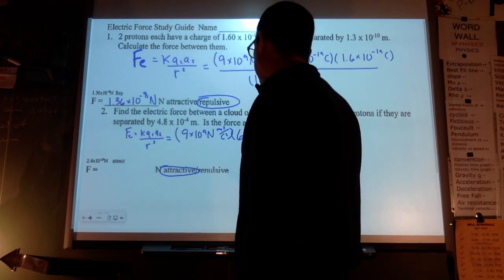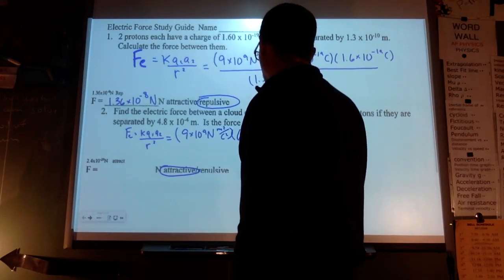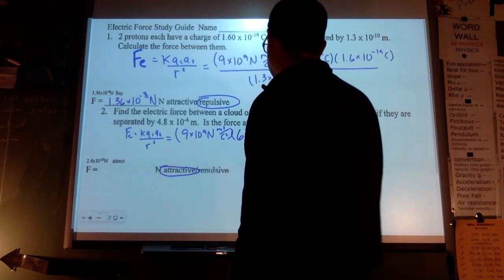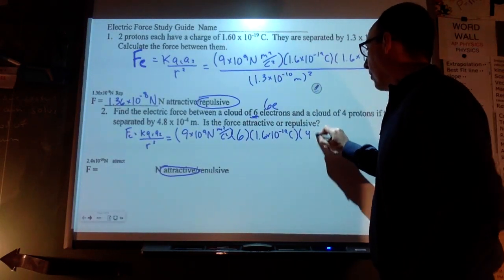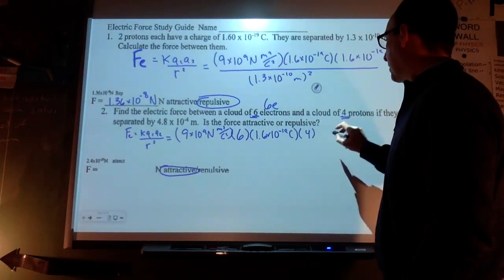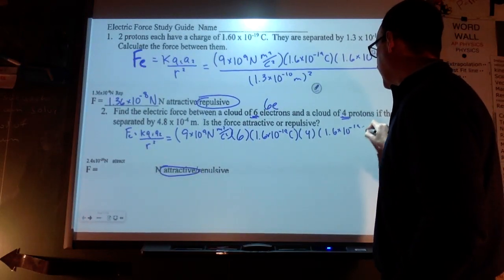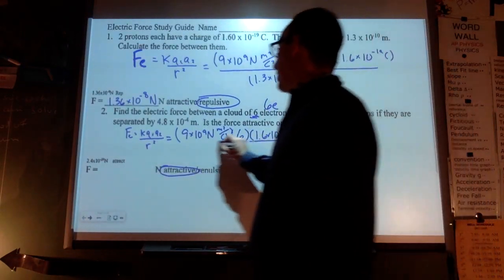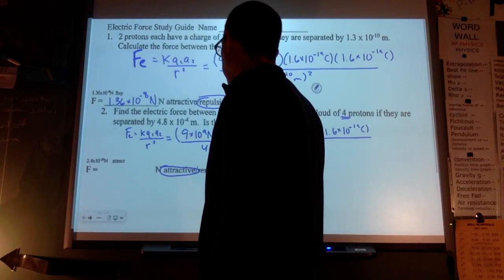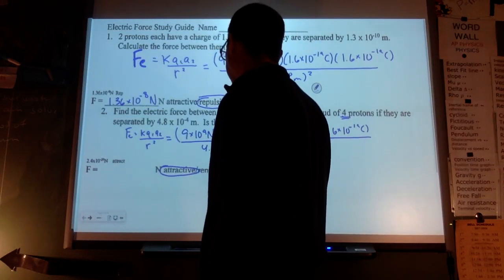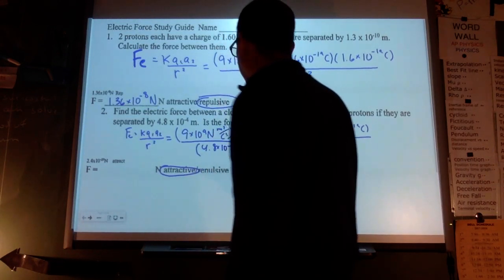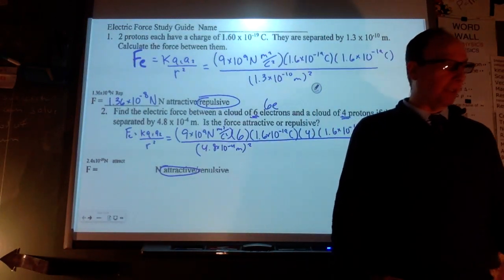So it's going to be 6, 1.6 times 10 to the negative 19, and 4, there's 4 protons, 1.6 times 10 to the negative 19, and I'm going to divide this by 4.8 times 10 to the negative 4th meters, and then this gets squared because it's an inverse square relationship.